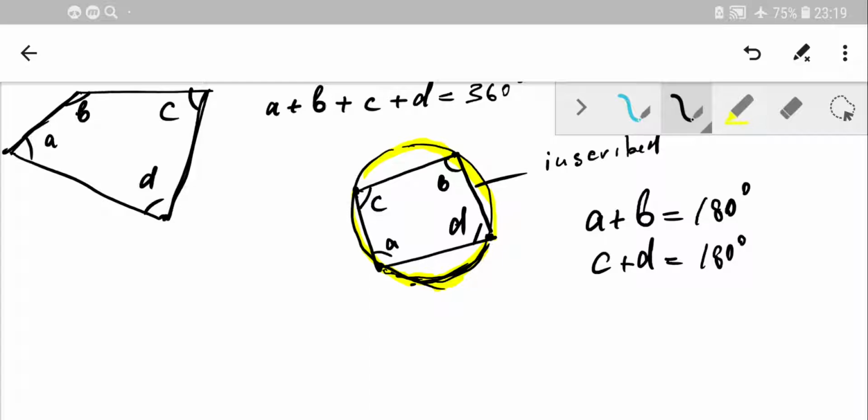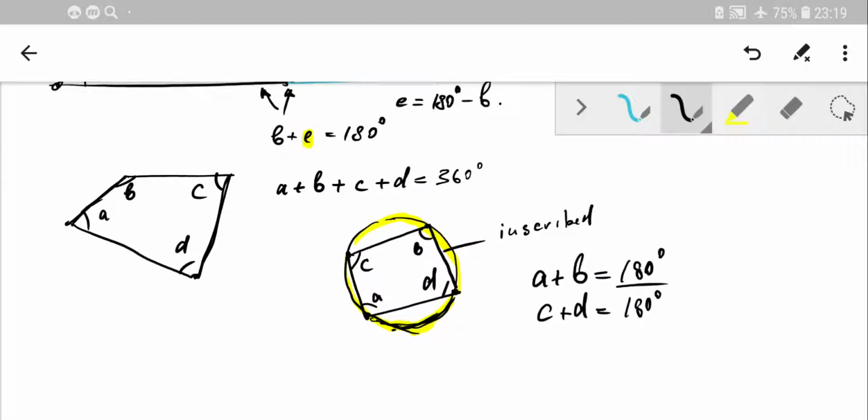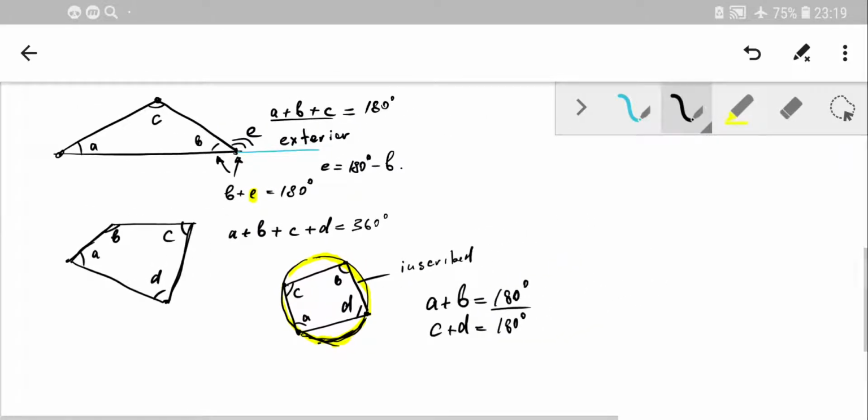However, an inscribed angle is always half of the central, so it looks like they will cover only 180 degrees. Okay, so I'll prove it when we consider circles. Don't worry, or check out this topic. I think it will be a bit later in this video.